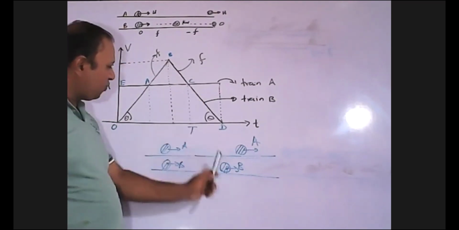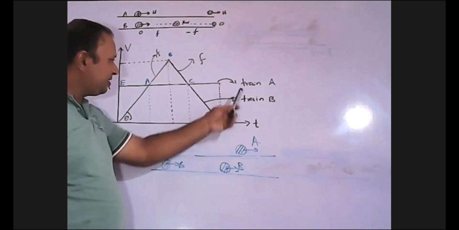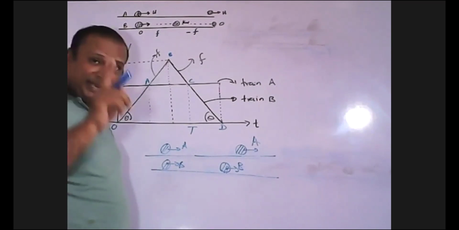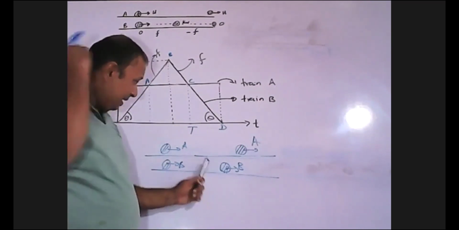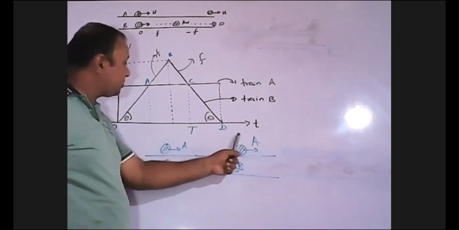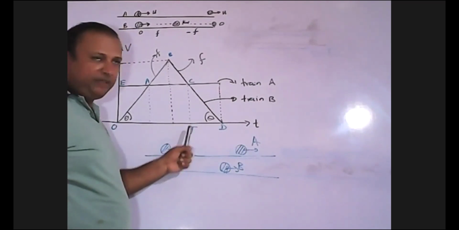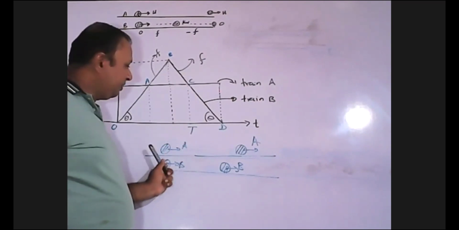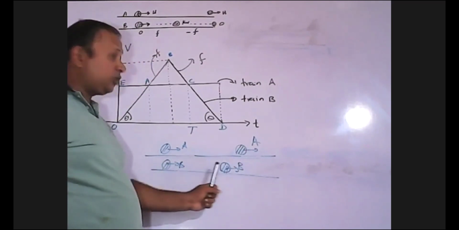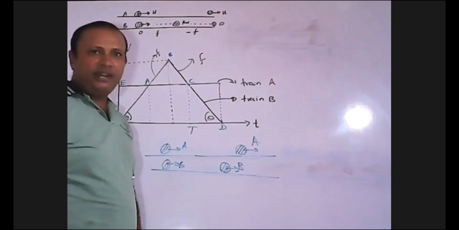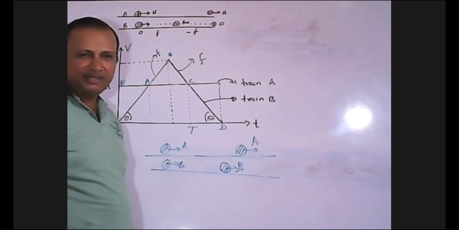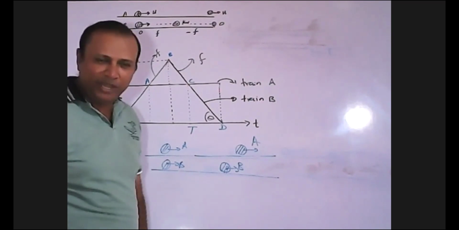Because the velocity of B is smaller than A. So if the displacement of A is higher than the displacement of B when it comes to capital T, definitely we cannot pass it. Did you get my point?